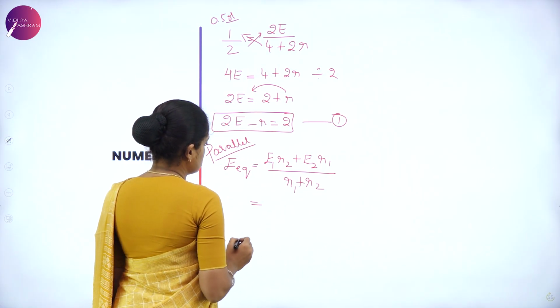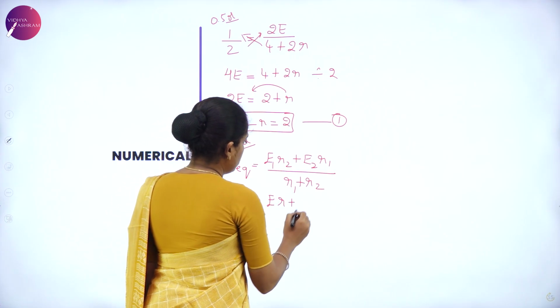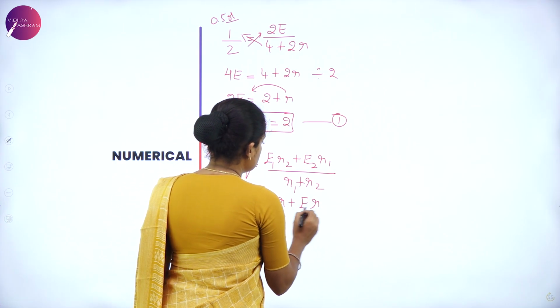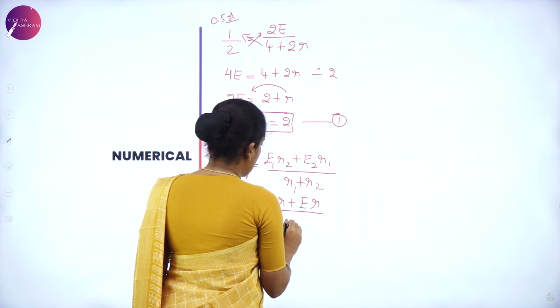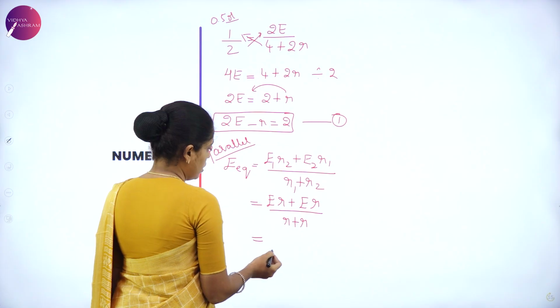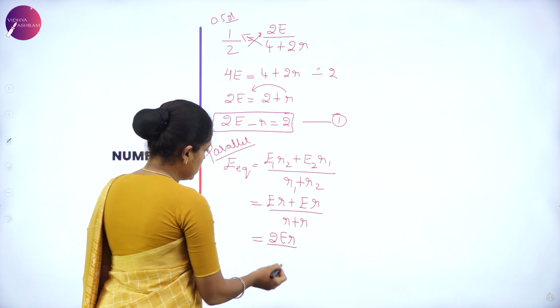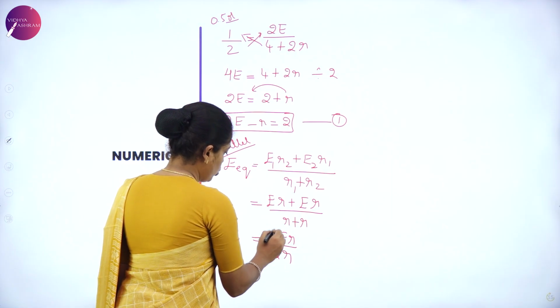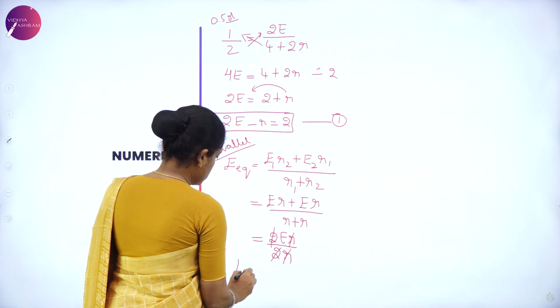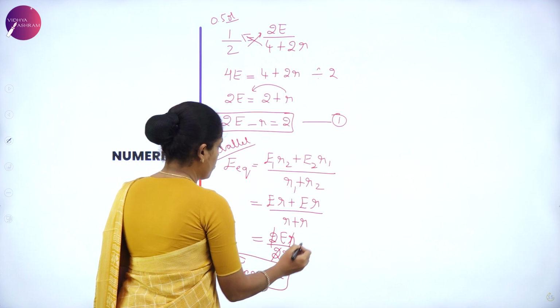E1 value is E, R2 value is R, E2 value is E, R1 value is R. So ER plus ER, 2ER, divided by R plus R, which is 2R, where 2 and R get cancelled. So equivalent EMF is E in parallel combination.